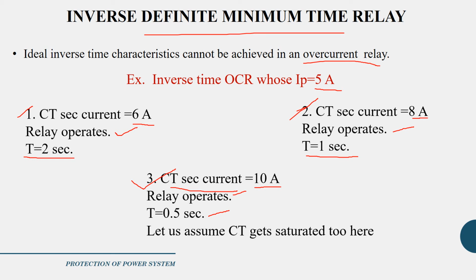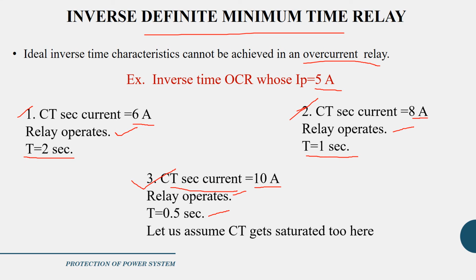As said, after this level of fault, since the CT becomes saturated and the relay current does not increase further, it will remain 10 ampere for any system current. Then, as the relay current does not increase further, there is no further reduction in time period. This will remain 0.5 second, and this 0.5 second is referred to as the minimum time of operation of the relay.